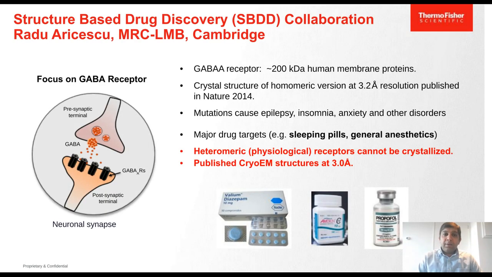Moving further, we have this wonderful collaboration with the group of Radu Aricescu at MRC LMB as well in Cambridge, where they are interested in looking at structure-based drug design. Radu is working on a human GABA receptor. The GABA receptor is a 200 kilodalton human membrane protein found in our brains.